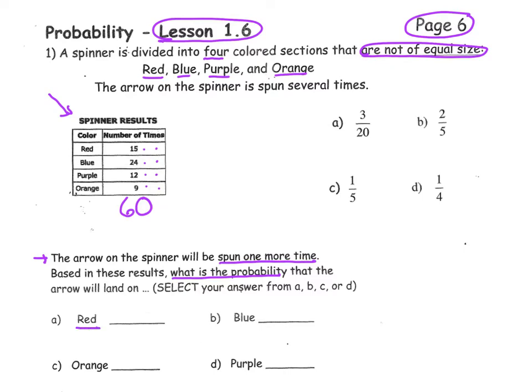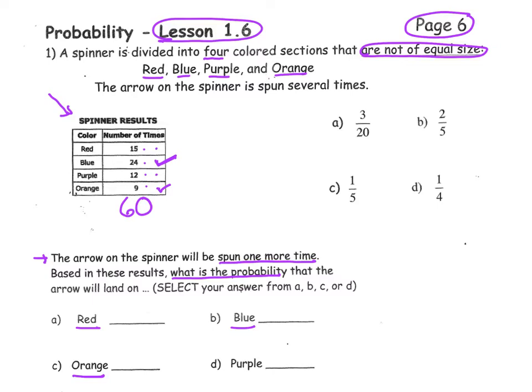Let's calculate that probability. Blue, we'll calculate that probability, and clearly blue seems to be the most likely color to show up based on the results in the table. Orange, which only showed up 9 times, which seems to be the least likely of the 4 colors. And finally, purple.